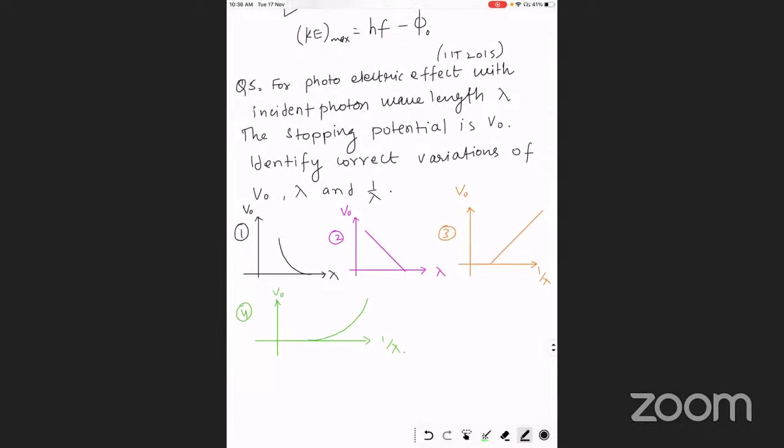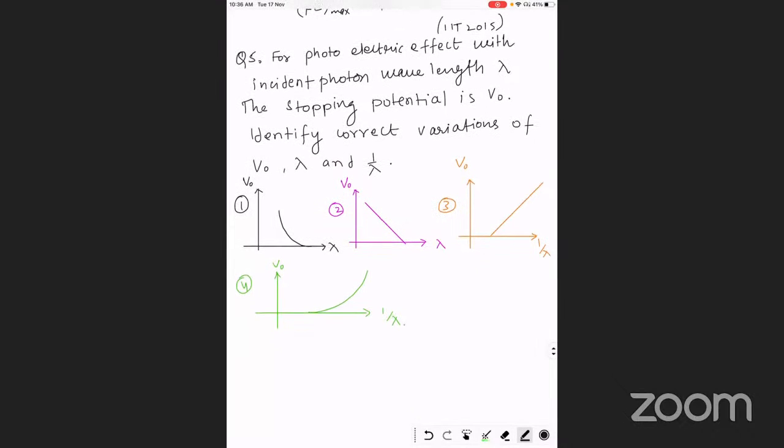I think you should take help of this equation. E into stopping potential is equal to hc by lambda minus work function.